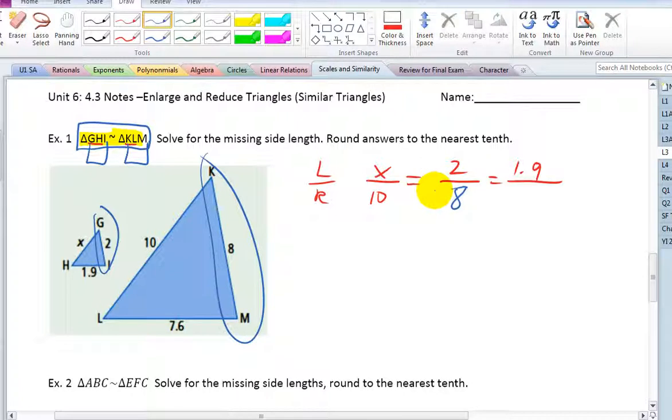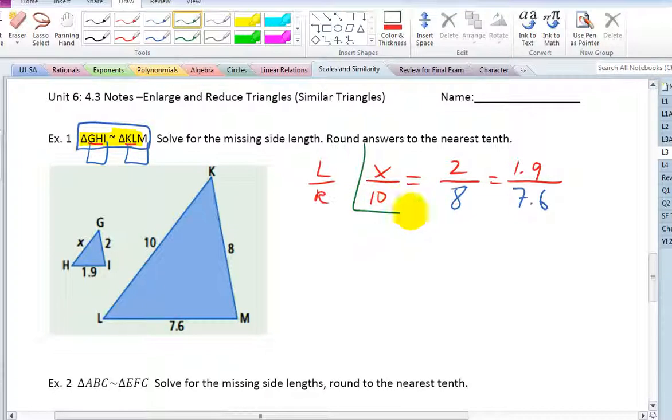And then 1.9 is only one side left over, 7.6. So what we have to do is have at least one fraction that we know. So this will be the question. X over 10 equals 2 over 8. How should we solve for x? What do we have to get rid of?